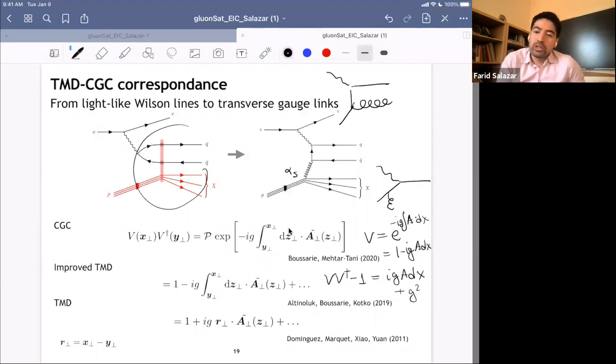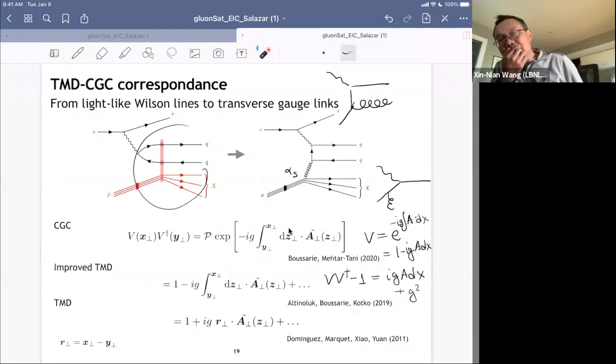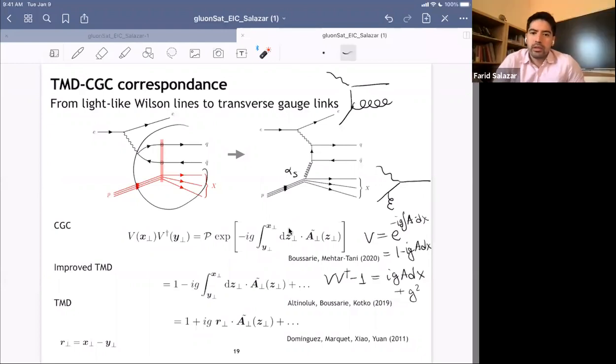So one should study this background, for example, this channel here is going to be a background to our dijet process, our dijet event, even at leading order, right? But we expect that channel will be suppressed at small x kinematics. But quantitatively, one has to include it, right? And see if indeed it's suppressed.